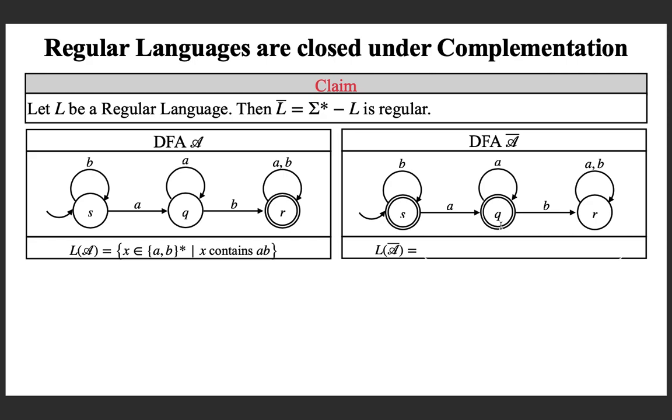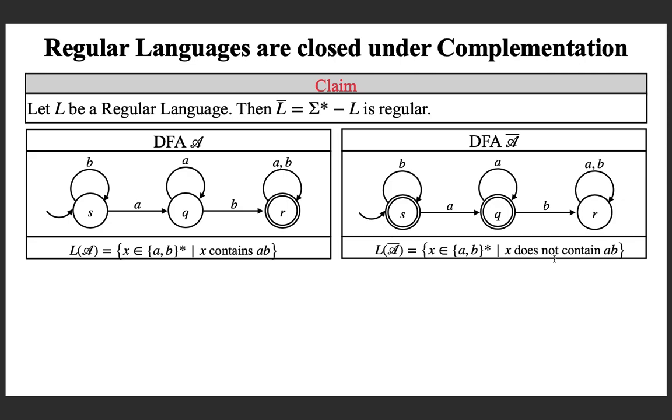So previously if a string was accepted, then that must be rejected because that final state became non-final. And now suppose previously some string was rejected, then that string must be accepted here because we made all non-final states final. So you can easily verify that here in this case, if the string contains AB, then you will come here and you will reject. And otherwise, in all other cases, you will accept.